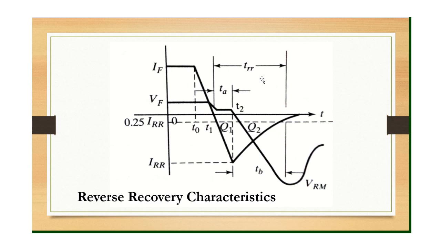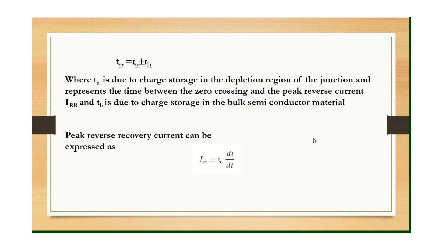I will tell about that later. All these parameters will be checked by the designer, and they are available in the data sheets of the diode. So while designing circuitry, all these parameters are very important.